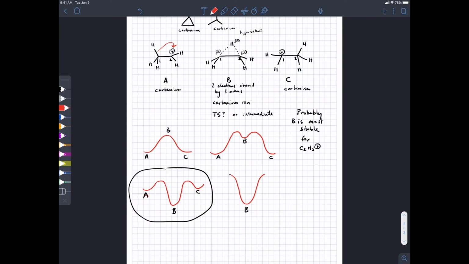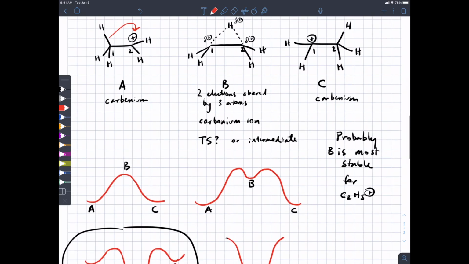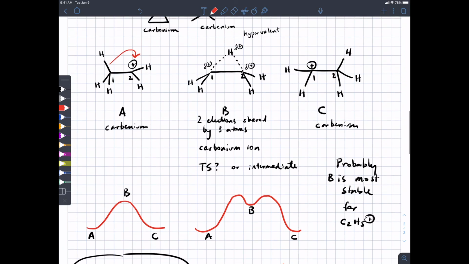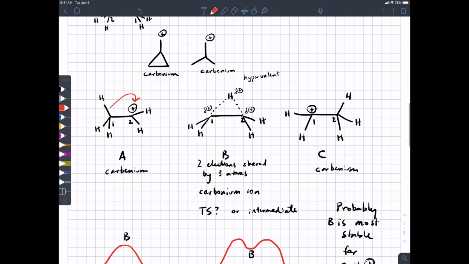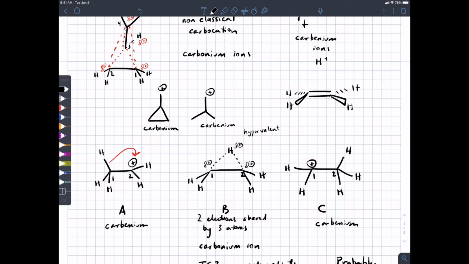Why would it be a 1s orbital sitting on top of a pi bond? Well, let's think of it this way. There's two ways to think of this. Think of how you even get to C2H5.